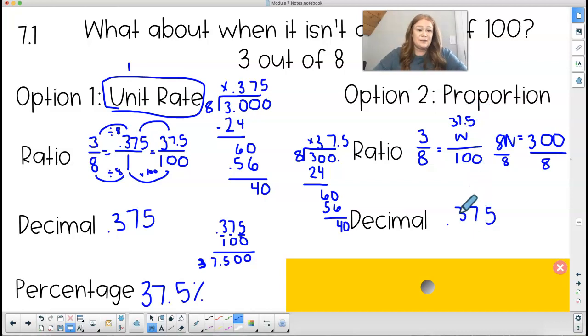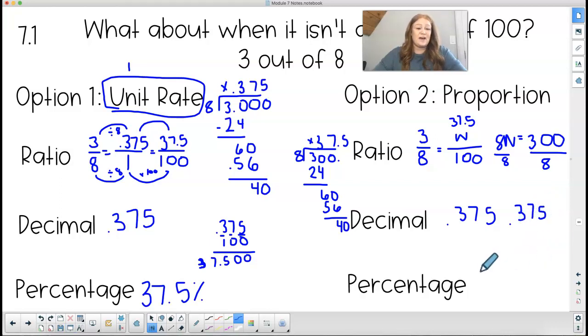So here, right, I needed my decimal places. Here's my decimal. And I needed 37 into the hundreds place. And then I have another 5, 37.5. And then my percentage is right here, 37.5%.